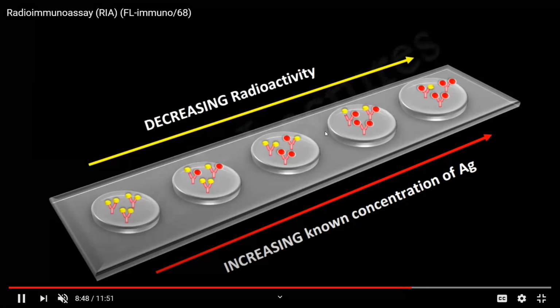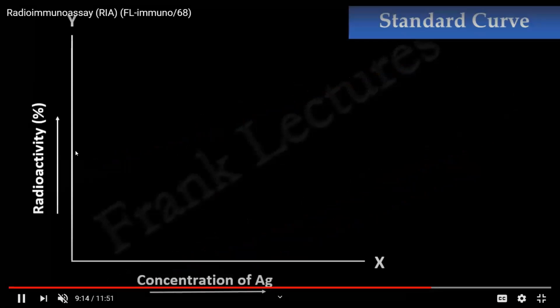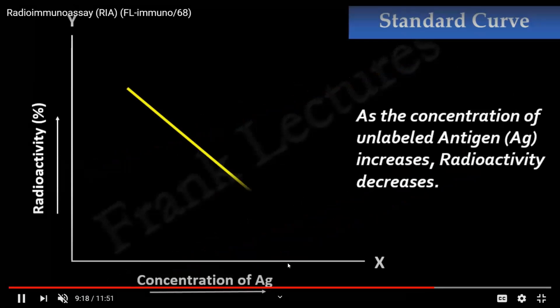Okay. Now, after this, we need to prepare the standard curve. How is this standard curve prepared? The radioactivity percentage is kept on the y-axis, and the concentration of antigen is kept on the x-axis. As the concentration of unlabeled antigen increases, the radioactivity will decrease. Remember this.